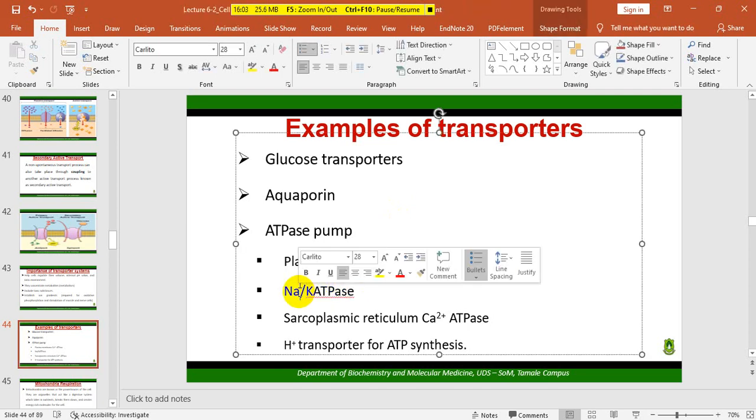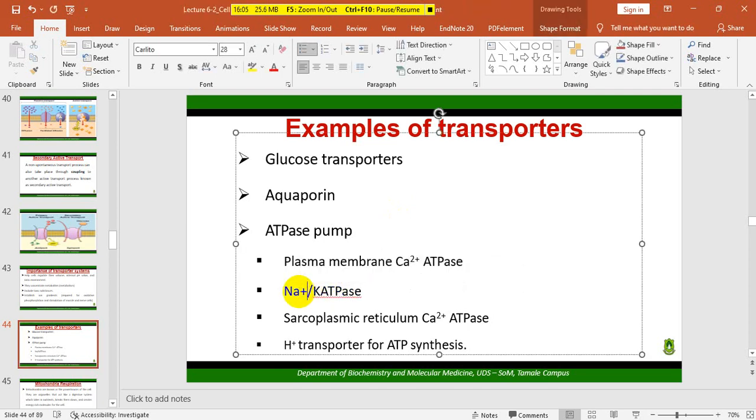Just remember the charge. Then sarcoplasmic reticulum calcium 2+ ATPase, proton transporter for ATP synthesis.